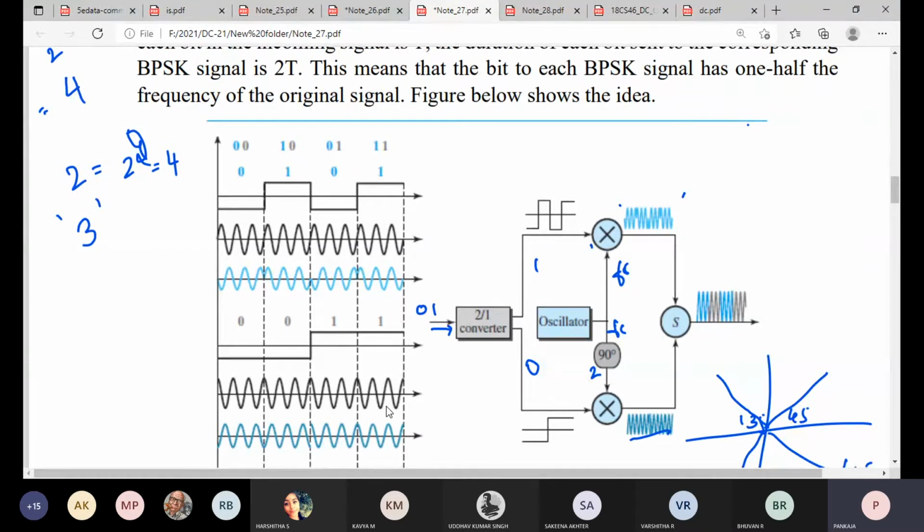It is clear. If it is only 1 bit it is carrying, 2 power 1, so you need a maximum of 2 different phases. If it is carrying 2 data elements, it requires 4 degrees. If 3 data elements are carried by one signal element, 2 power 3, it requires 8 phases, or 8 degrees.